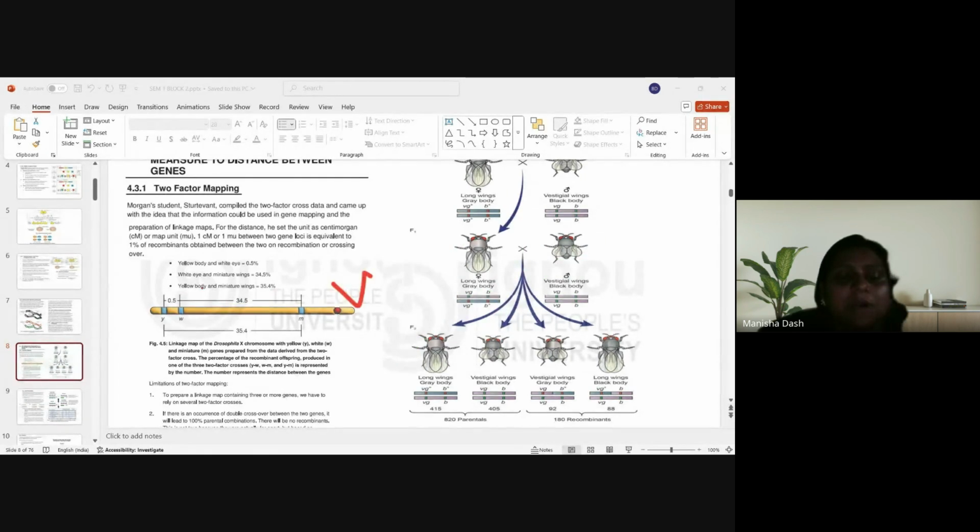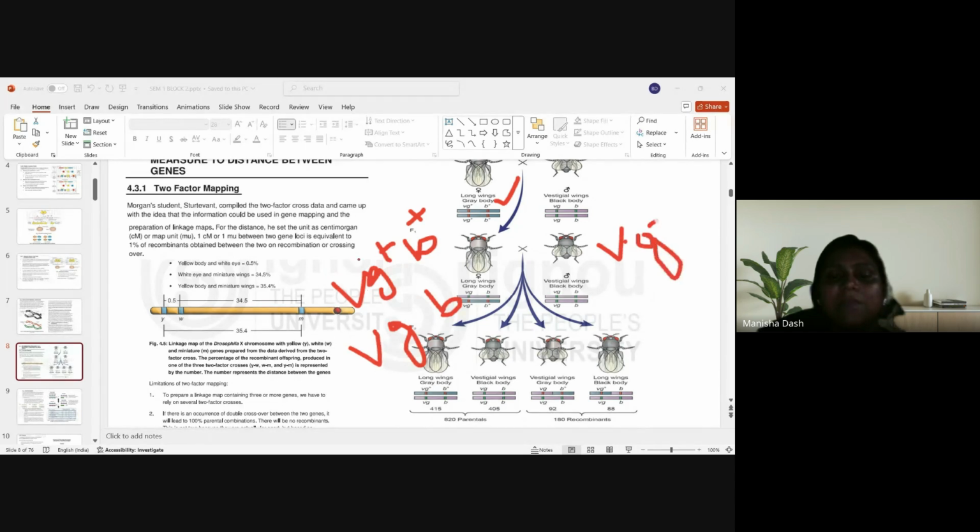That is vg plus b plus, which is the same as this gamete, then another combination vg and b. So these are actually called the parental type. Then you will also have new combinations because of recombination, that is vg plus b and vg b plus. This part understood, everybody?